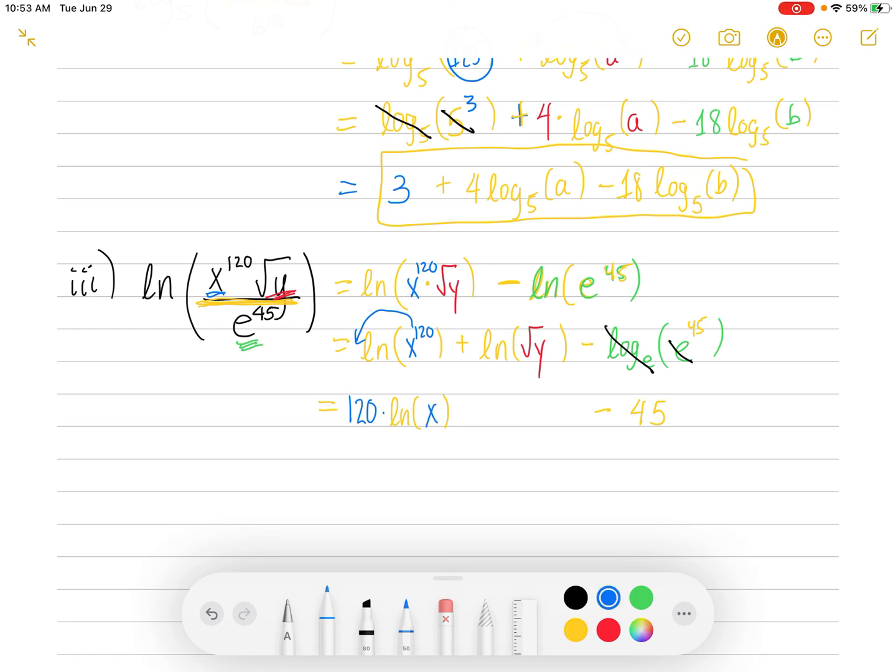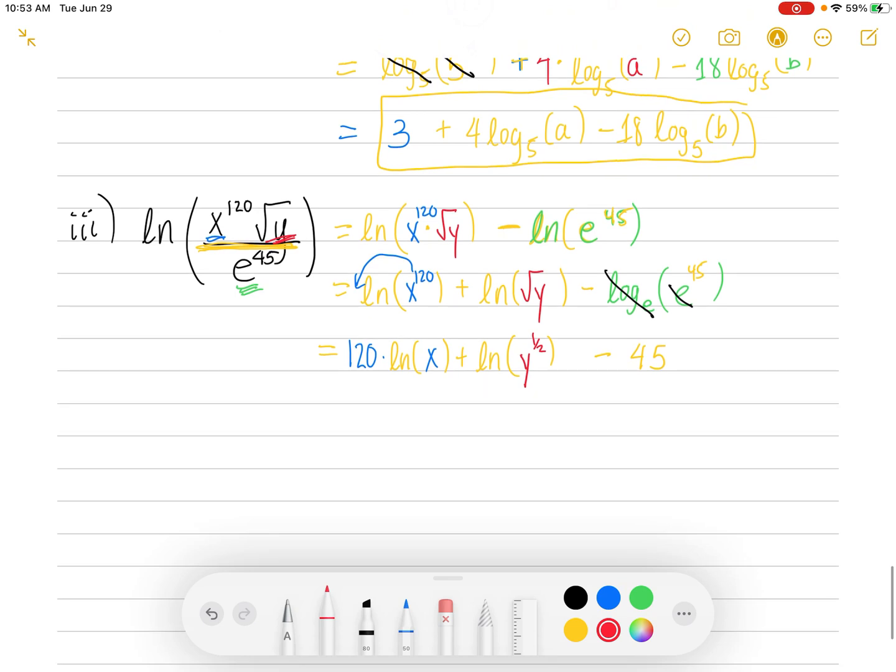Now if I continue in the front, on this next line, I can take this 120 out front. 120 times the natural log of x. That would be my third property, taking an exponent out front of a log. And this next one, a square root, we can rewrite as y to the 1/2 power.